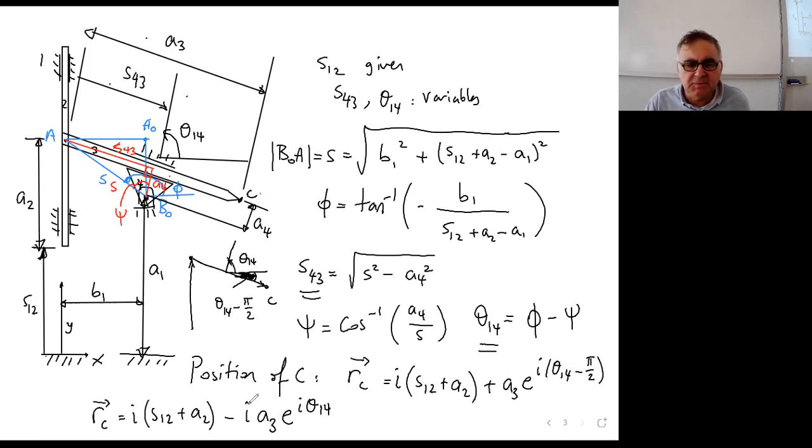Are there any questions about this? This is how I use it: e to the I theta 1, 4 minus pi over 2, I'm sorry, is equal to e to the I theta 1, 4, e to the minus I pi over 2.